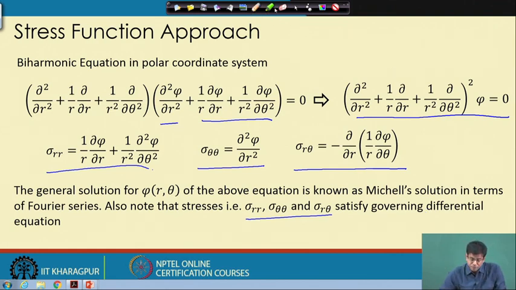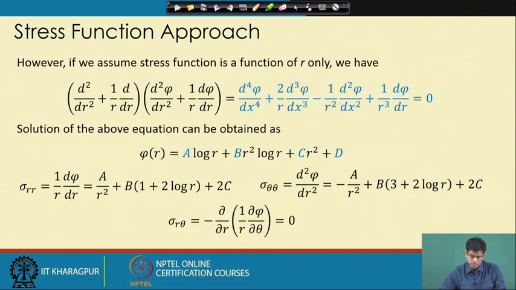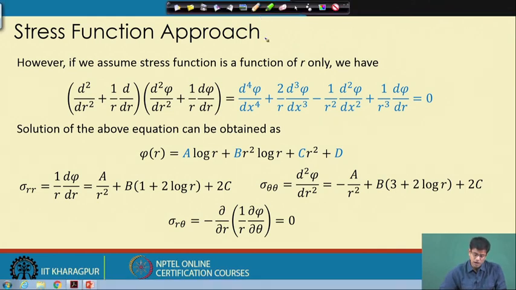So, let us see how this phi will look like. Now, if we check this stress function from the previous thing, phi is a general function of r and theta.